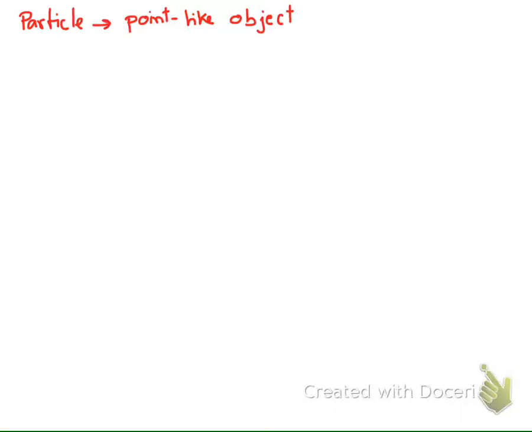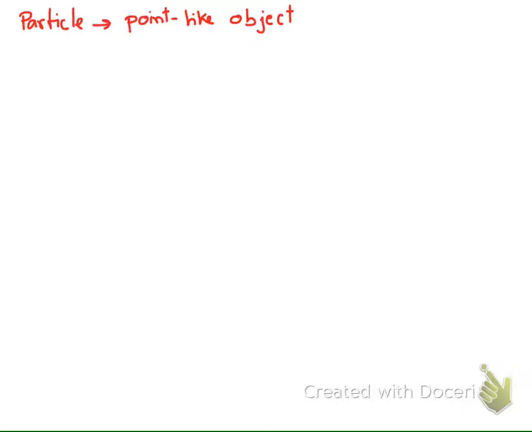When we say point-like here, it means that we are not interested in the internal structure of the object, or we may say that the internal structure of the object has no effect on its motion. So, when we describe the motion of the particle, we will look at the position of the object only.